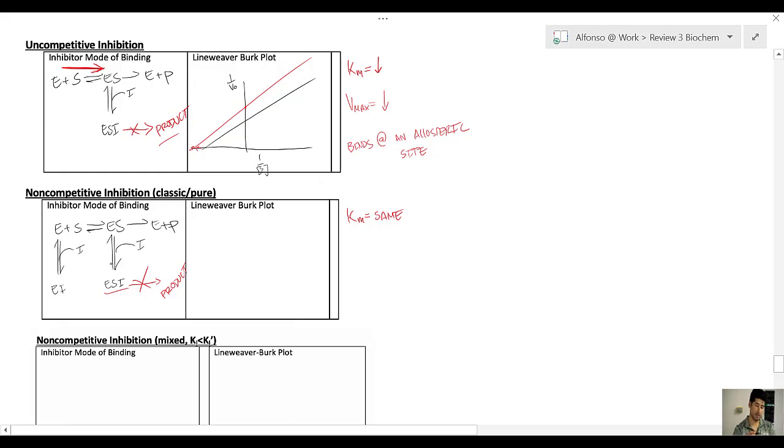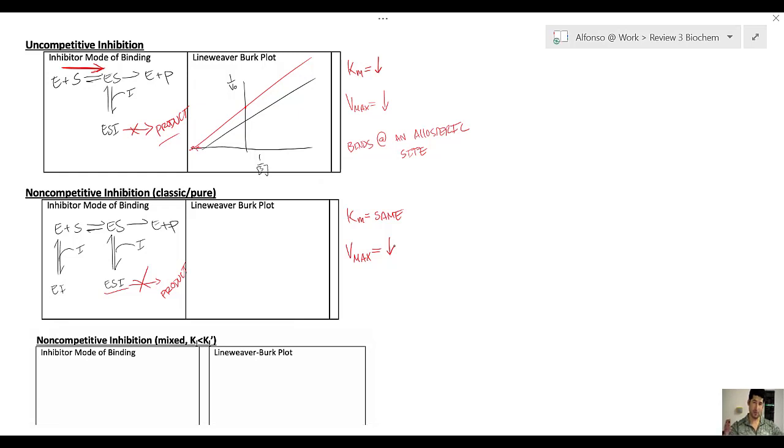So that means that because we formed this complex, we also cannot outcompete it, because the inhibitor will bind at this complex, the ES complex, and knock out ES so that it doesn't form any product. So because we're forming ESI, the Vmax also goes down.